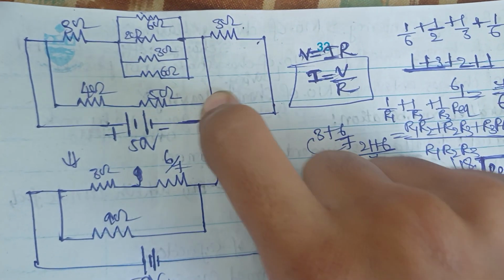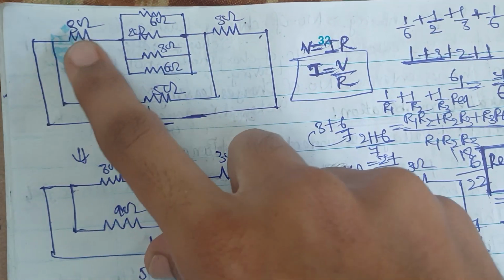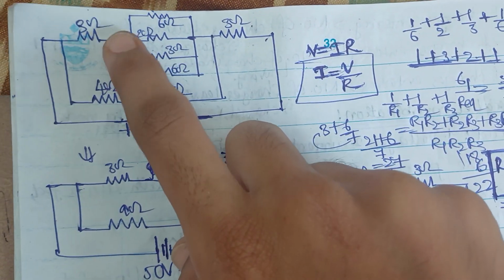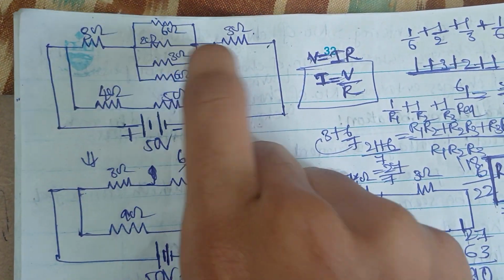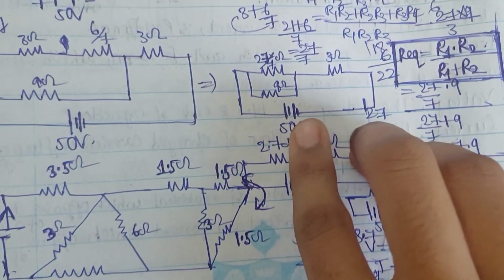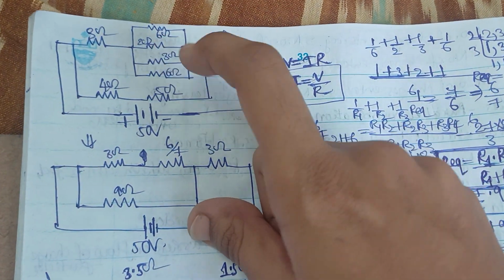And this is another one. See here, this is in parallel, and again if you solve this, these two will get in series, and these series will come into parallel, and then this total circuit can be reduced. Firstly you have this now.